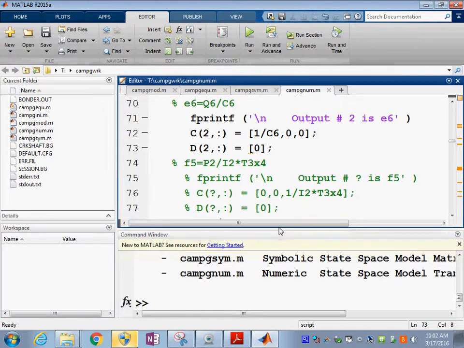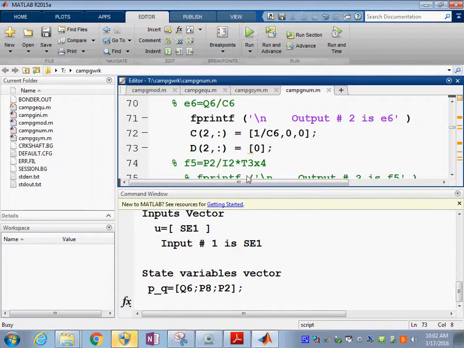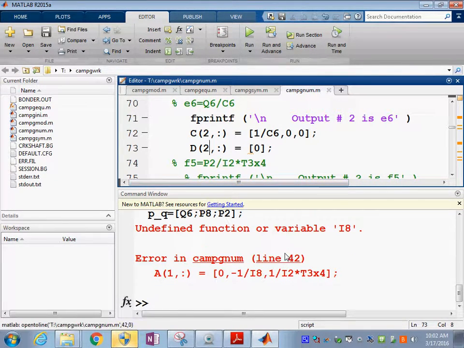Let's get this, and then we're running the CAMG SYM file in here. It tells you the input vectors, then it tells you what the state variables are, those 3, and then it tells you what the outputs are.